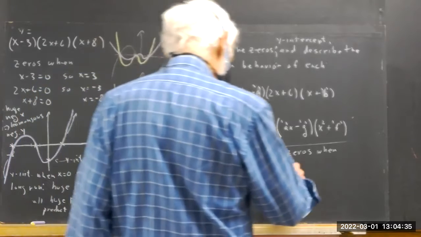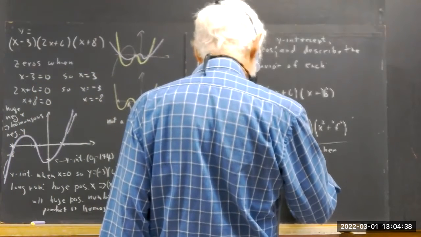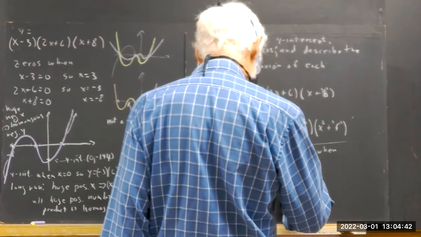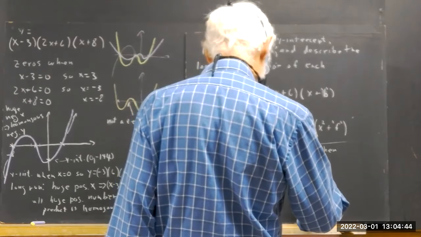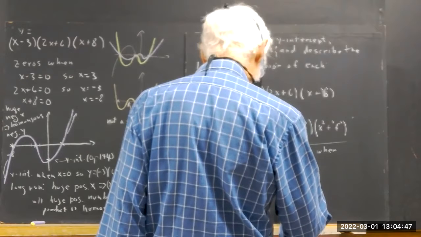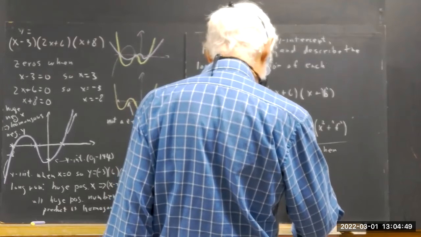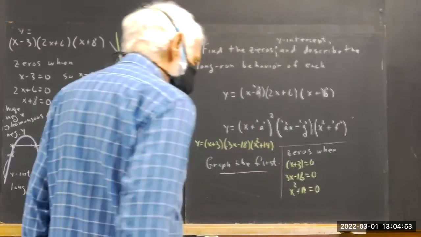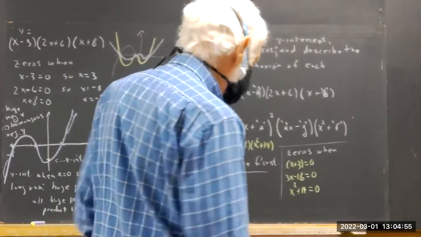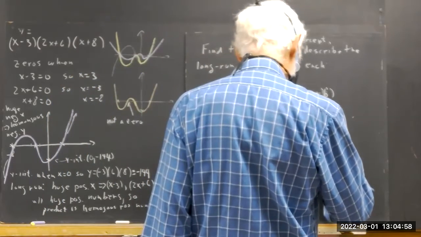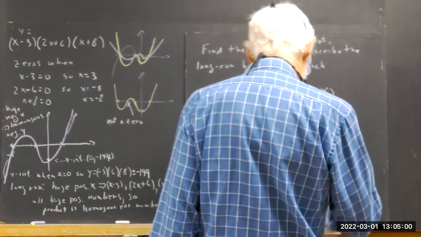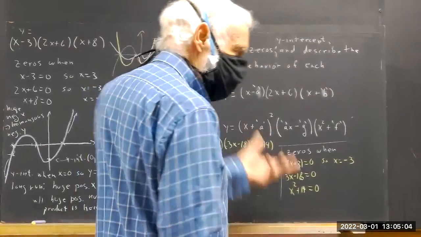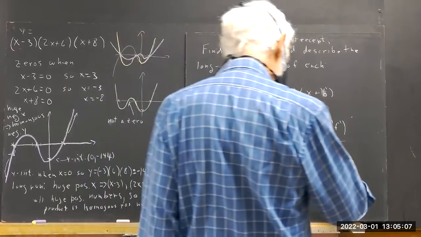Zeros occur when x plus 3 equals 0, 3x minus 18 equals 0, x squared plus 14 equals 0. Okay, well, solve this, you get x equals -3. 3x minus 18 equals 0. Well, add 18 to both sides, divide by 3, you get x equals 6.